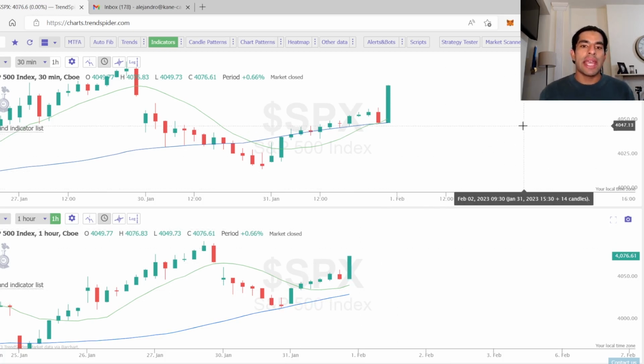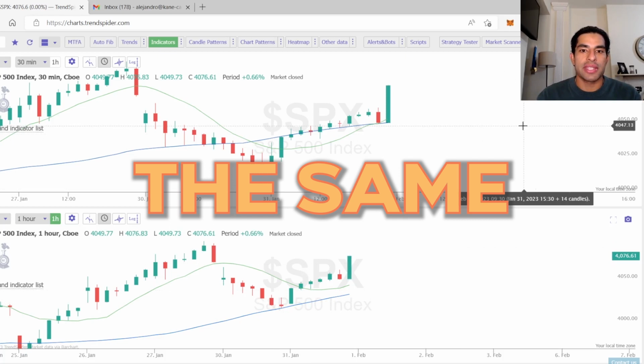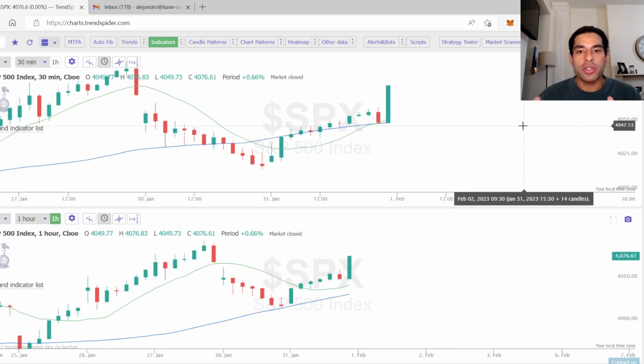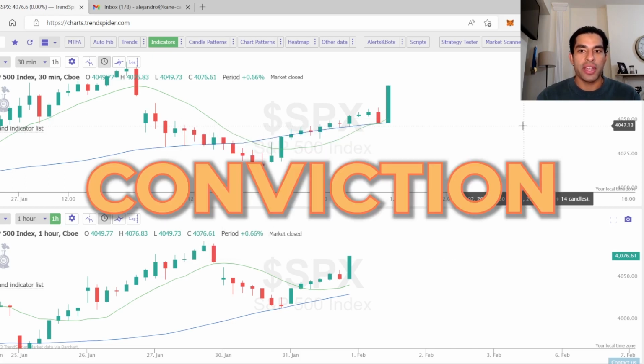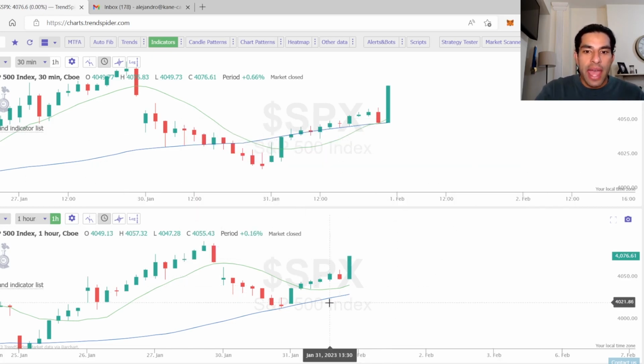In order to take trades, we want the two charts to be telling the same story. When the two charts are telling the same story, we see stronger moves. We see opportunities where we can enter trades with higher levels of conviction. Now, on the flip side of that, we can see how we were trading above the 50 SMA on the 1-hour chart.